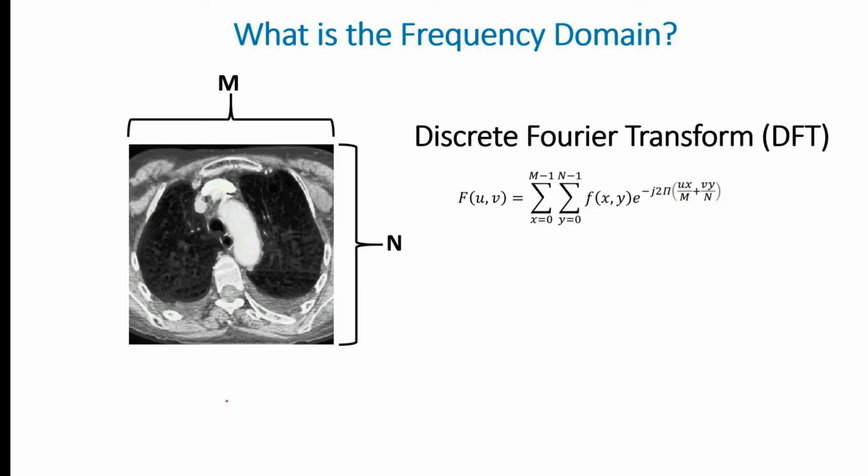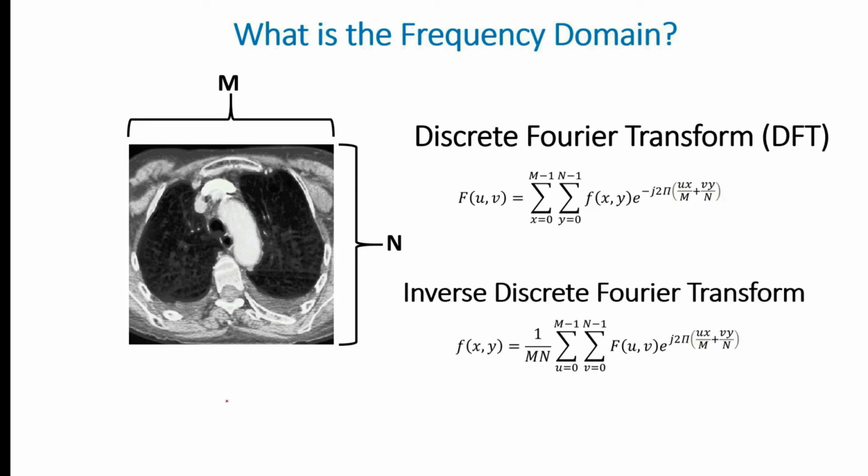Note that the rectangular region defined by u varying from 0 to m minus 1 and v varying from 0 to n minus 1 is often referred to as the frequency rectangle, and it is of the same size as the input image. Also note that the inverse discrete Fourier transform is given by this equation.